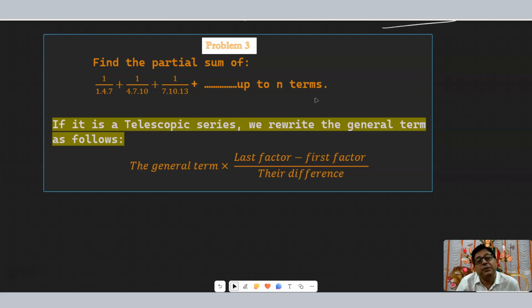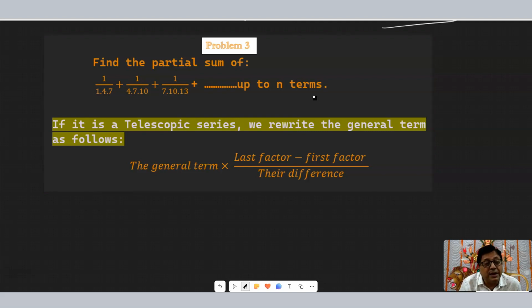But here we have to do one thing. We should generalize. We should rewrite the general term in this manner. That general term will be now the general term into last factor minus first factor divided by their difference. What you are doing? Last factor minus first factor divided by their difference means you are multiplying by 1. But this you have to do to express this one as a sum of 2 terms.